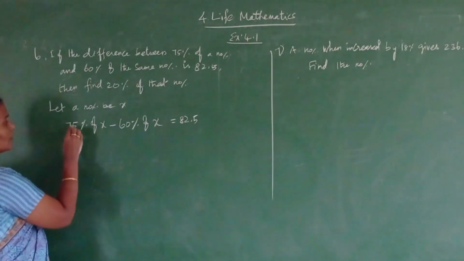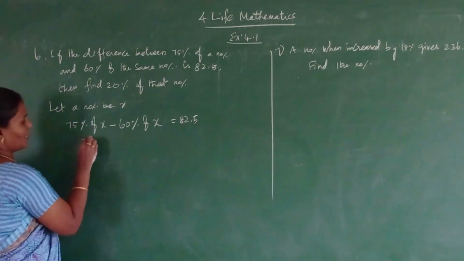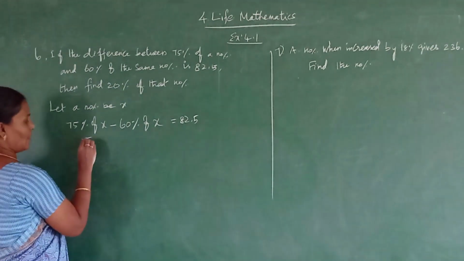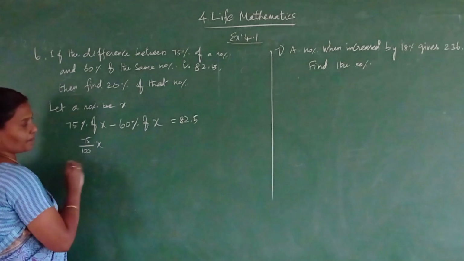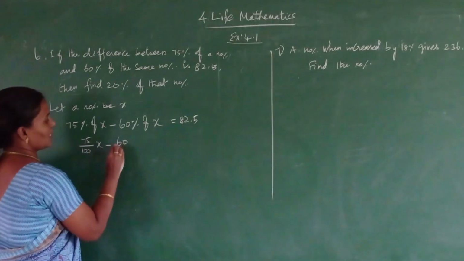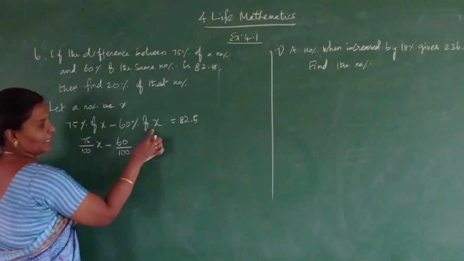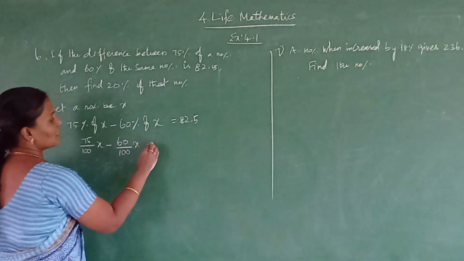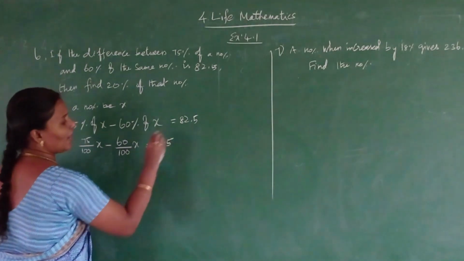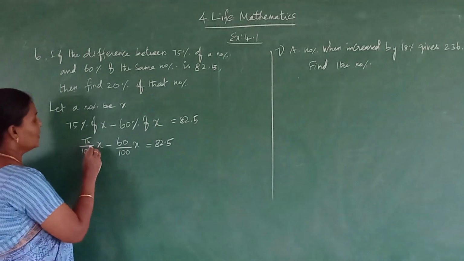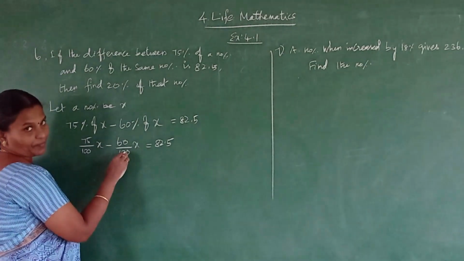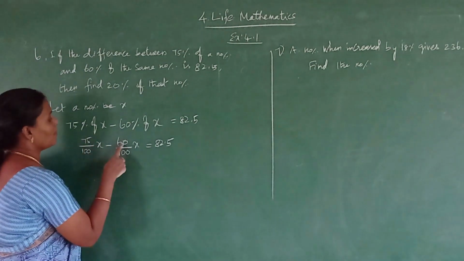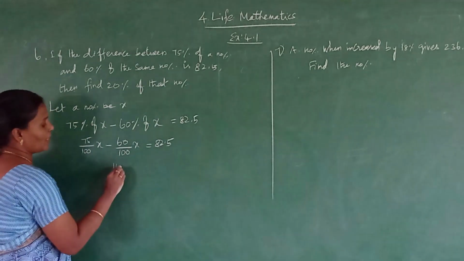Yes, good. So 75% of x means 75 by 100 multiplied by x. So 75 by 100 x minus 60 by 100 x is equal to 82.5. Here the denominators are the same, so you have to subtract the numerators. 75 minus 60 is 15.